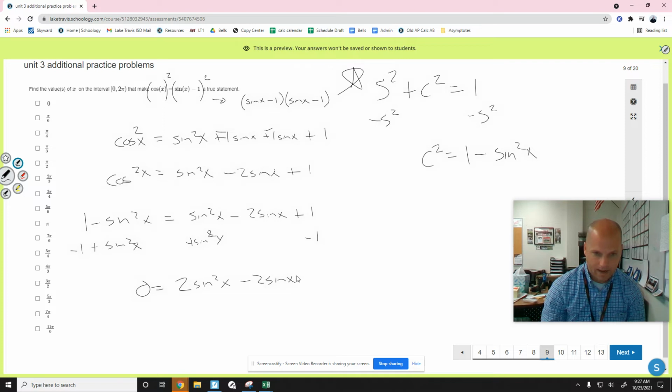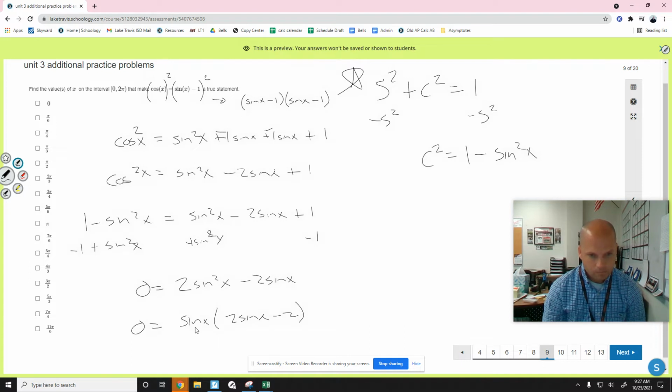Nice. Now I have something set equal to 0, and this something can be factored. It's up to you whether you want to pull out just sine x, or whether you want to pull out 2 sine x. You're going to get the same answers regardless. I'm going to just pull out a sine x and see what happens. I get 2 sine x minus 2.